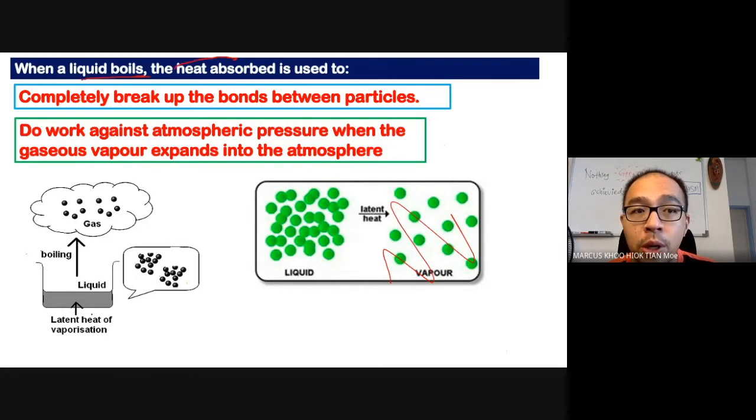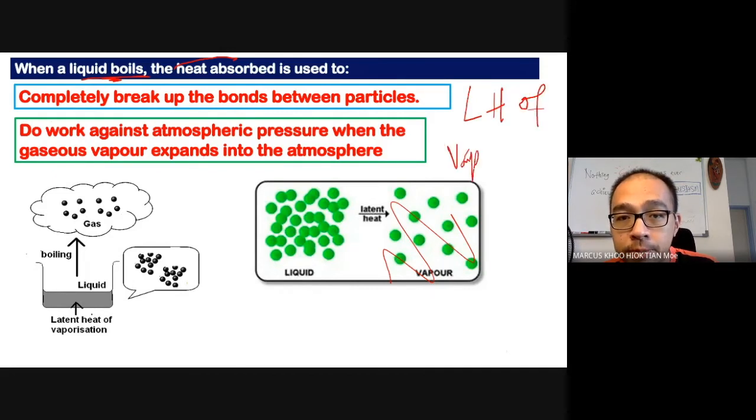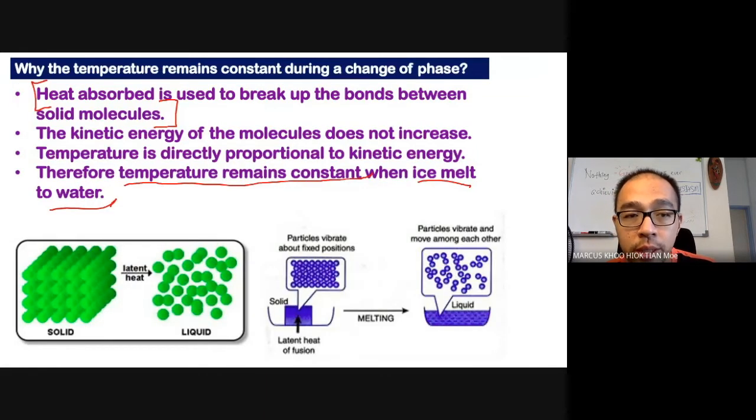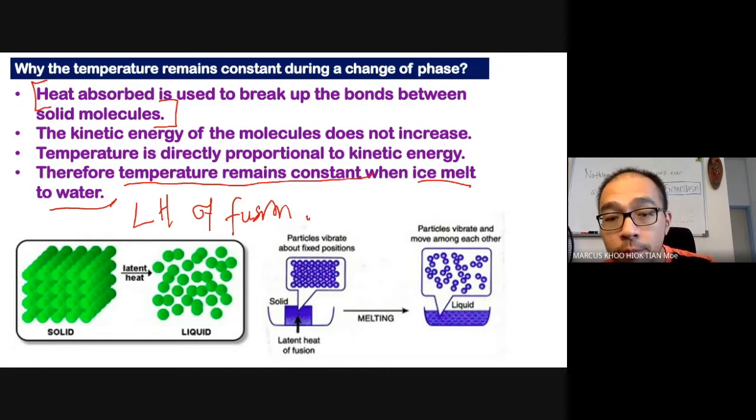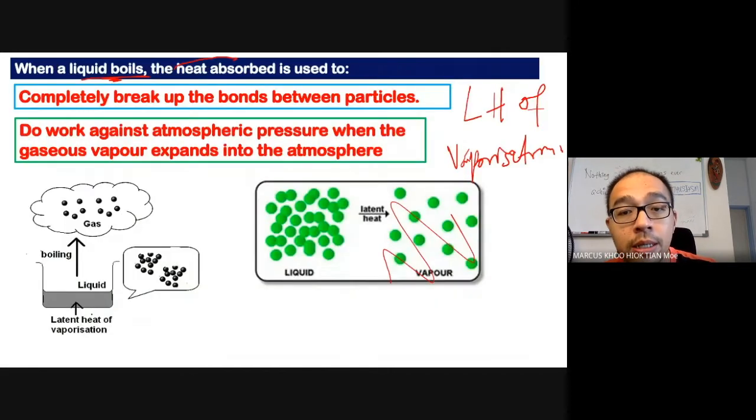When liquid boils, what heat are we talking about here? We're talking about latent heat of vaporization. In the previous slide, when solid changes to liquid, this is latent heat of fusion. If you compare the latent heat of fusion to the latent heat of vaporization, the latent heat of vaporization is even bigger.